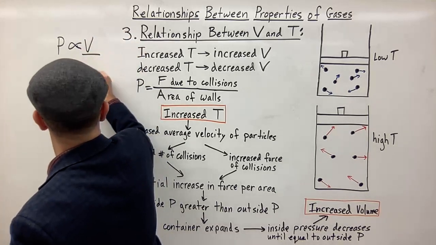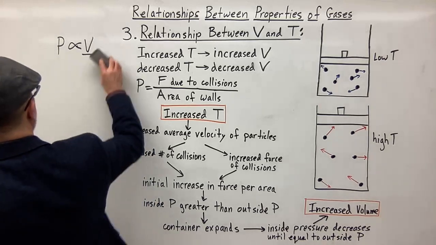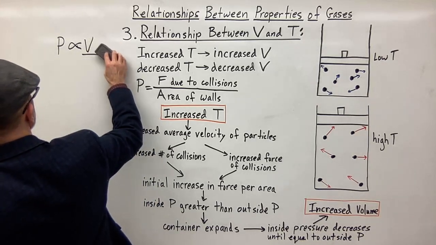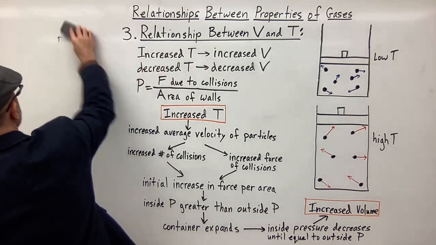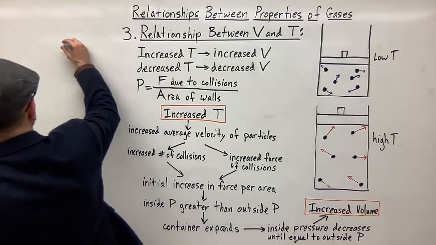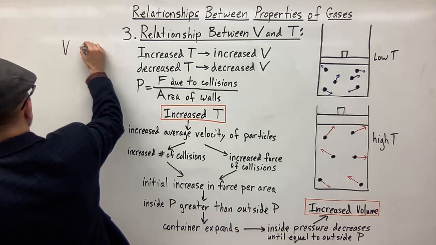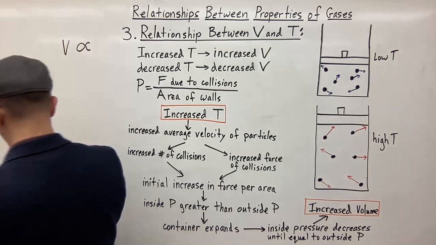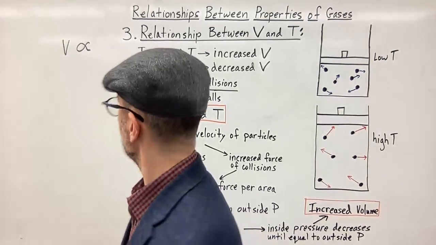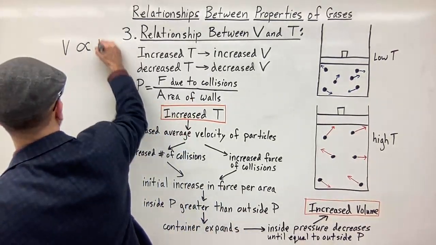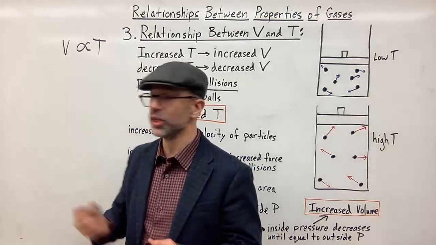If we divide both sides by, not pressure, volume and temperature. So volume and temperature are proportional, okay? So we're going to get temperature and volume are directly proportional to each other.